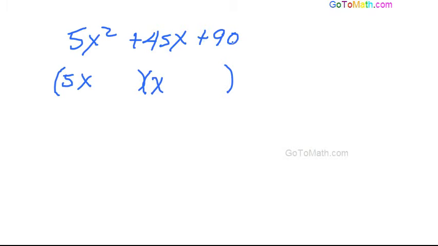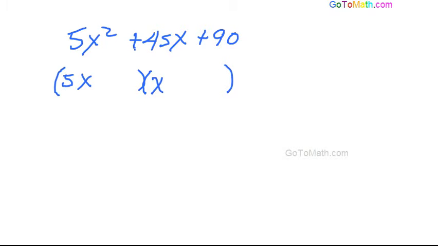Now, something else. Let's talk about the signs here just for a second. This positive sign basically means there's either a minus here and a minus here, because a negative times a negative is a positive. What you have to keep in mind is this number right here has to be positive.